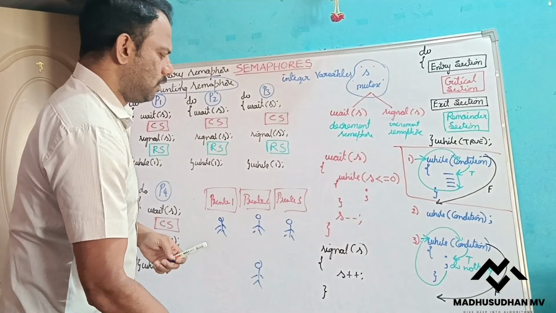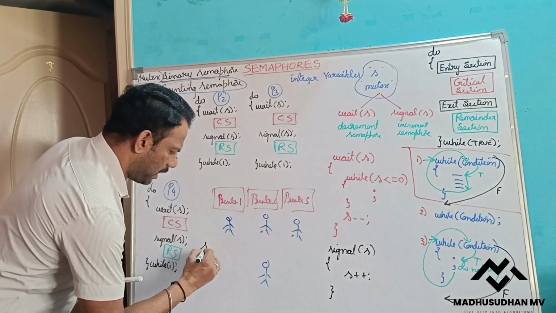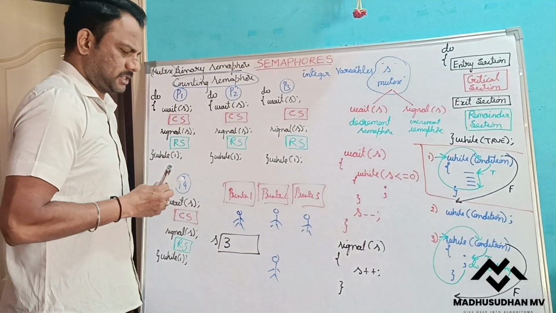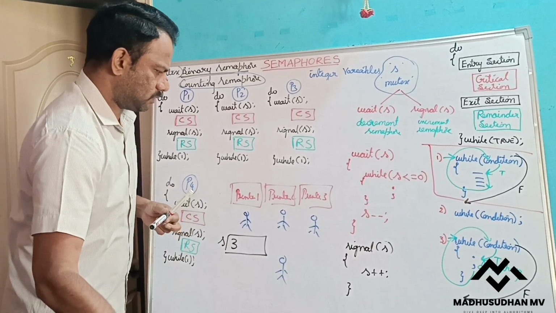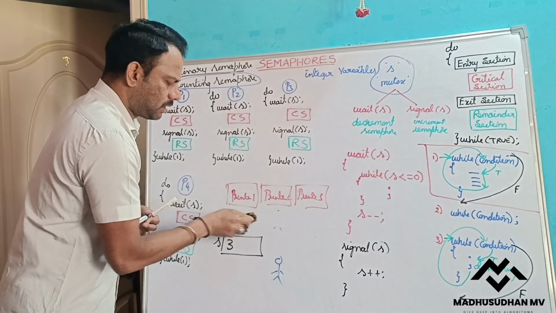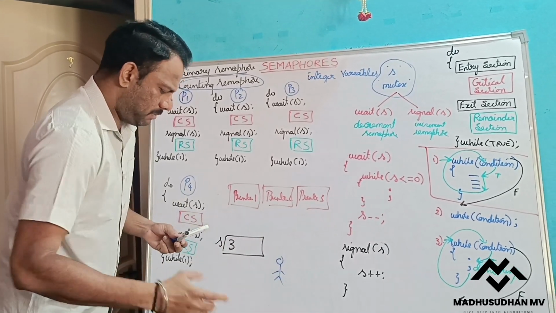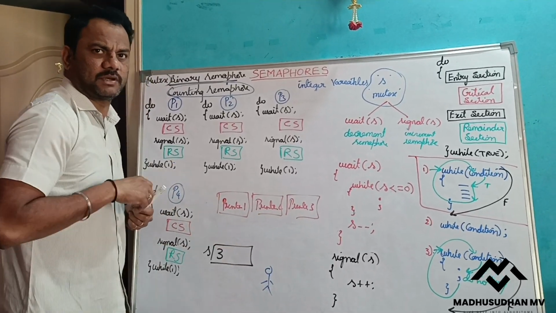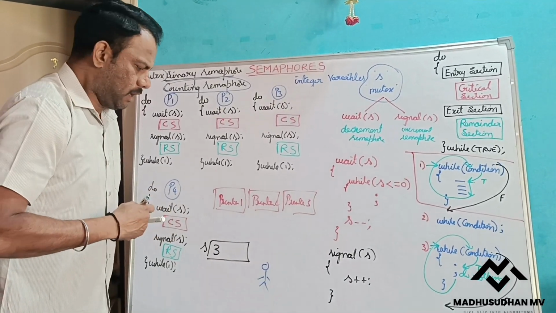Initially my semaphore value is 3, because I have 3 instances, and all 3 are free. So I make S equal to 3. That means there are 3 free instances of my resource, and the semaphore variable value is 3.